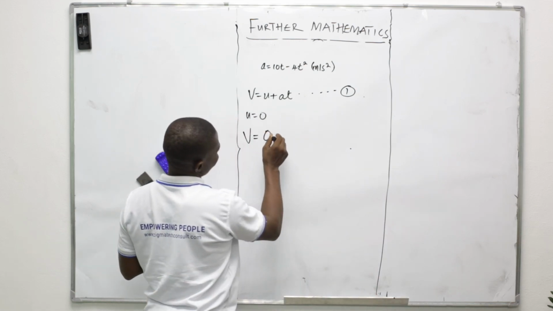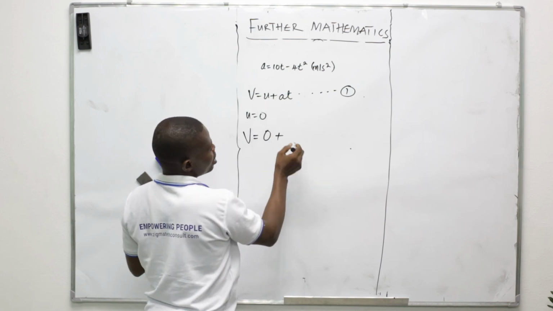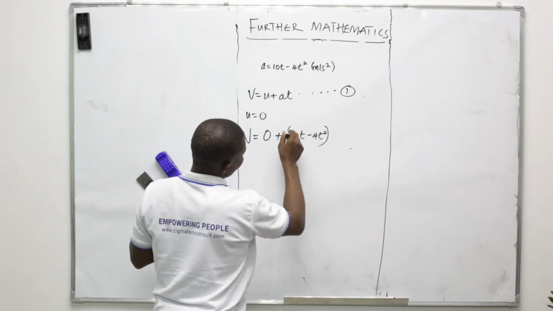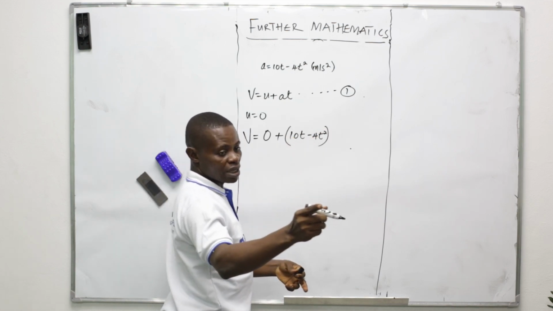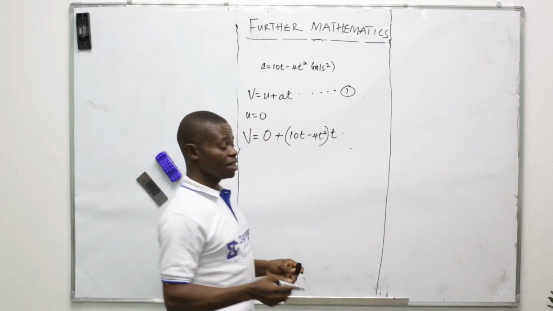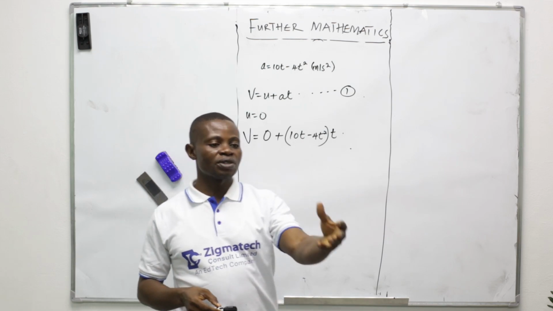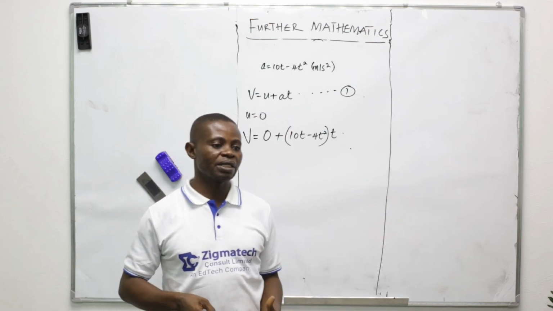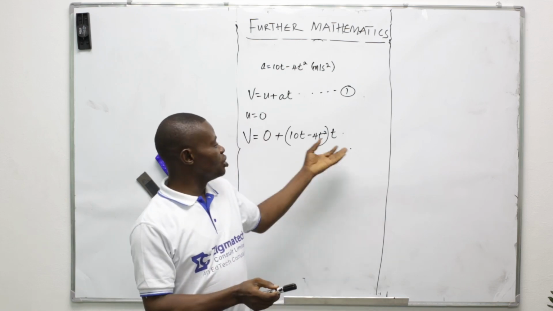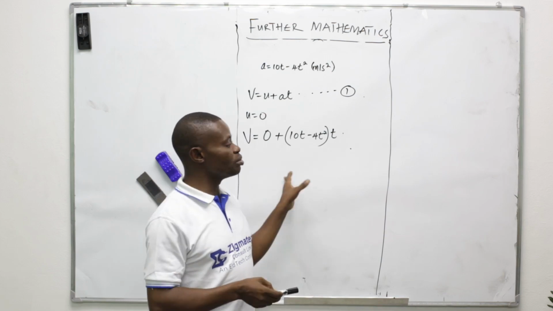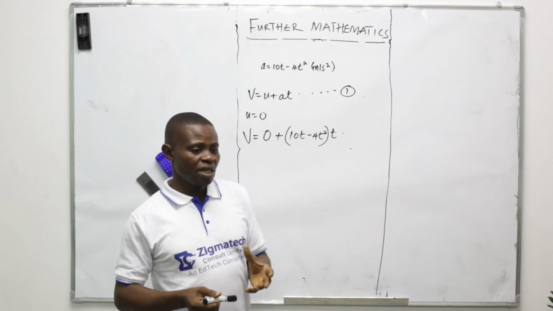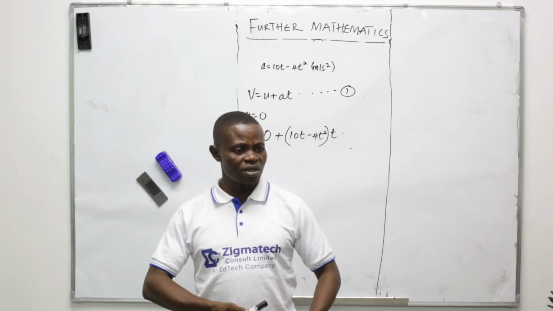Now, 0 plus A. What is A? 10t minus 4t squared. When t is what? After t seconds, that is time. Listen very well. You are not going to force the time to become a number. Time has been assigned to be just t. So what do you do? Use that same t given to you as the value of time. Because I know most of you will be wondering, why not give us 2 seconds? Why is it not 4 seconds?